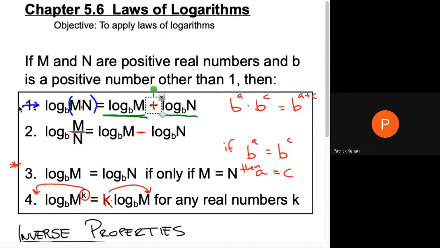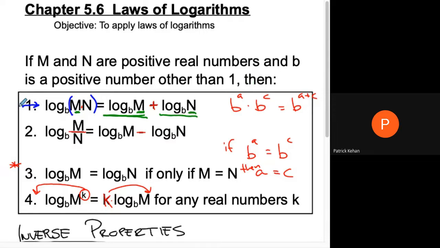On the left side of this equal sign, this is the product of b to the a and b to the c. You can think of b to the a as the value of m inside this logarithm, and b to the c as the value of n.